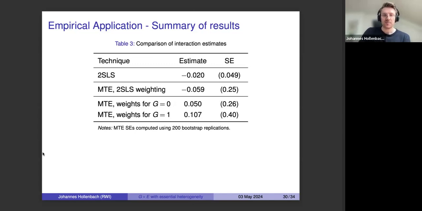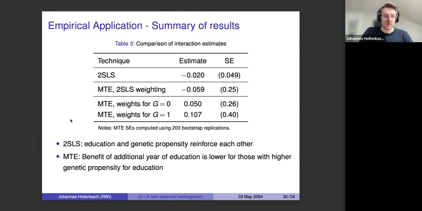Interestingly, at the bottom, you can see the marginal treatment effects of the gene-environment interaction coefficients with proper weights for each of these genetic types, and they're positive. So what two-stage least squares would lead us to believe is that education and genetic propensity for education reinforce each other in their effect on type 2 diabetes.